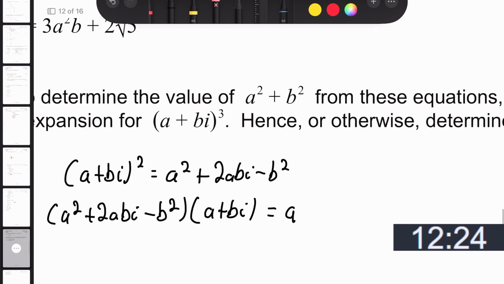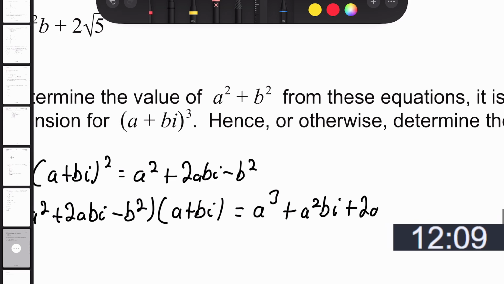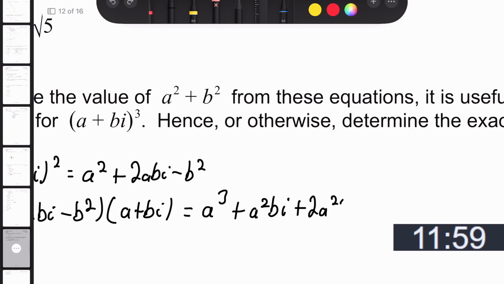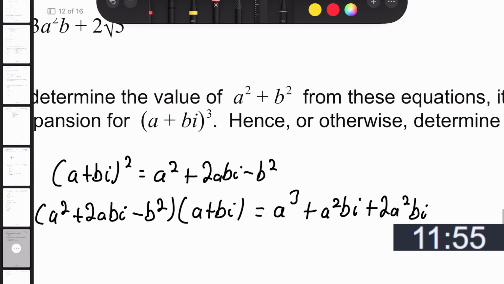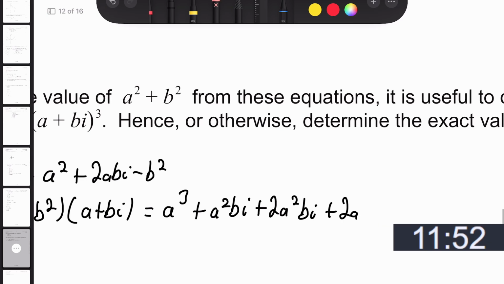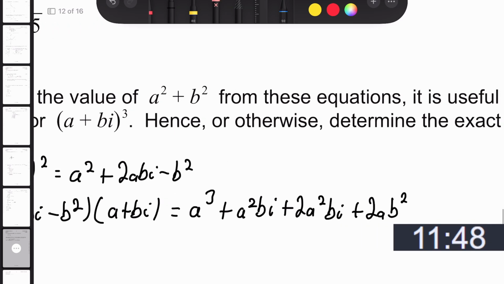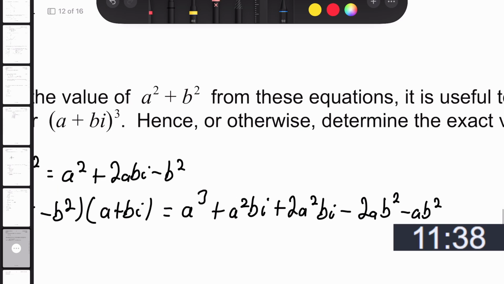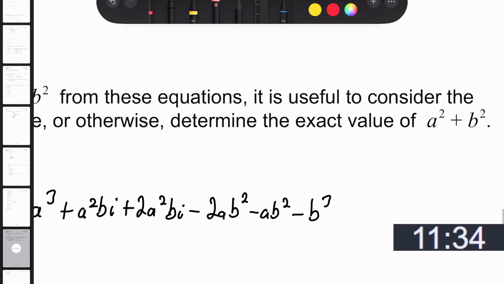And this is going to equal a to the power of 3 plus a squared bi plus 2a squared bi plus 2b squared, and then it'll be i squared, so minus ab squared, plus, no, minus b to the power of 3i.